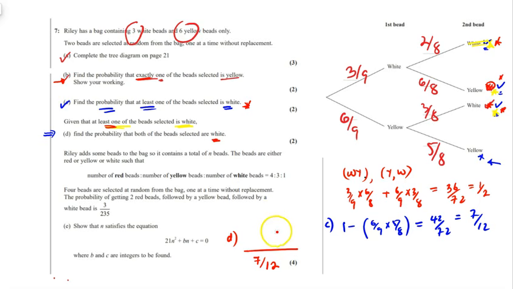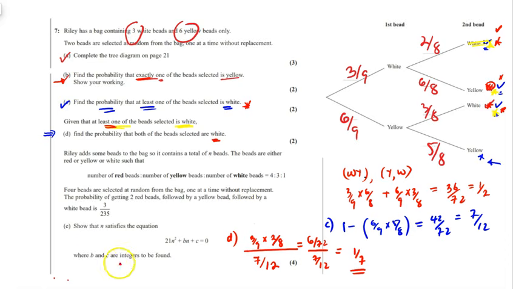Out of those 3 events, what's the probability that both beads are white? It can only happen as white and white, which is 3/9 multiplied by 2/8, giving 6 over 72, over 7 over 12. Your final answer is going to be 1 over 7.